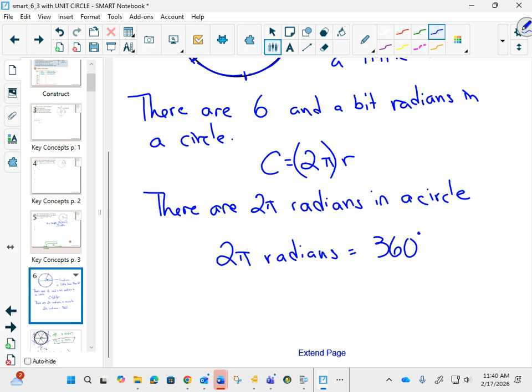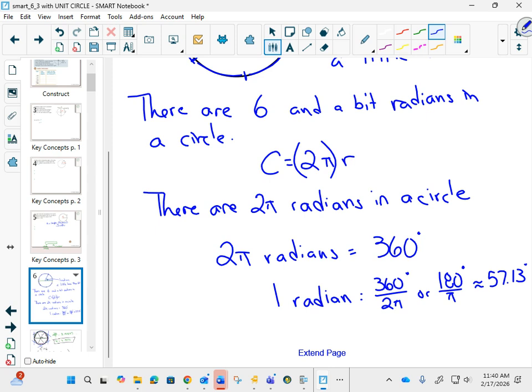If I divide both by 2 pi, I know that 1 radian is 180 over pi. And if I take that and type it into my calculator, I should get one more decimal place.